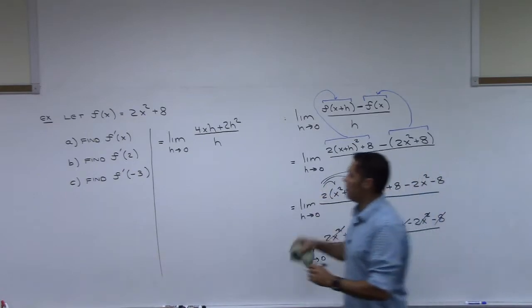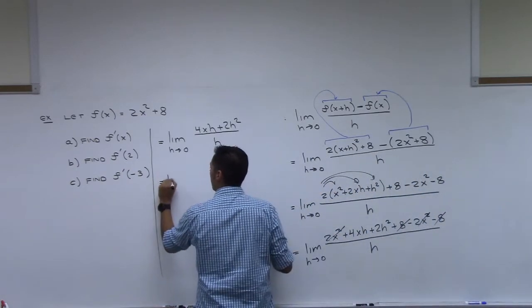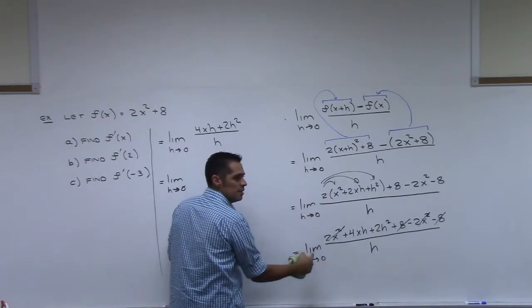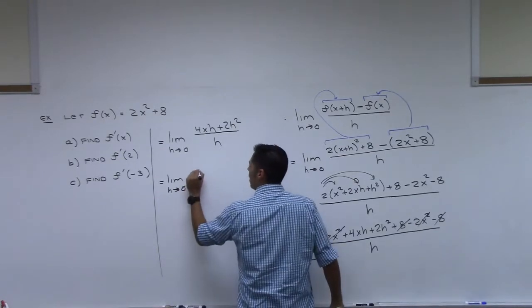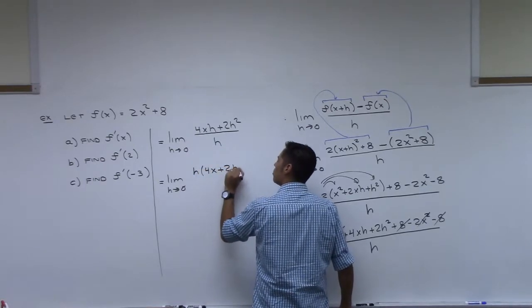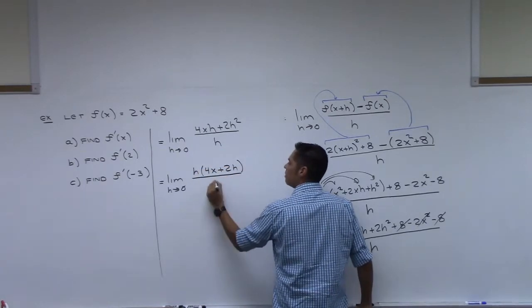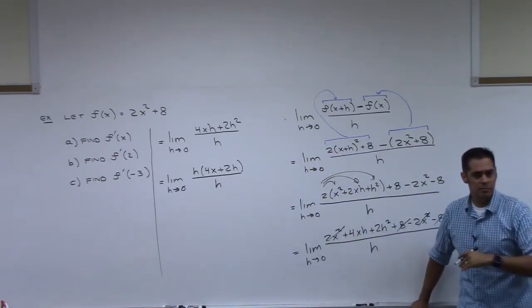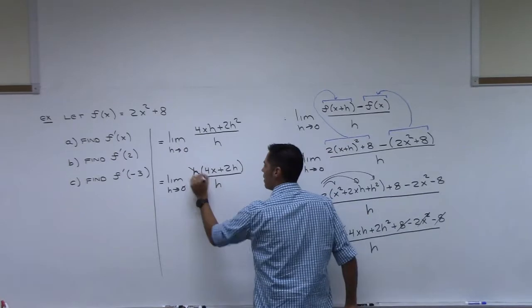So I can factor an h out of the top. Look at me. I'm writing limit again, right? I've had to write the limit each time. Just continue writing it. Pull the h out. You're left with 4x plus 2h all over h. And now you see those h's cancel, right? This h right here cancels out with that one.